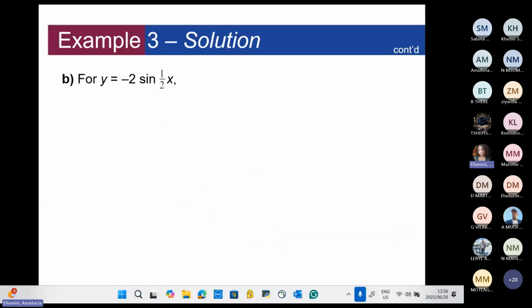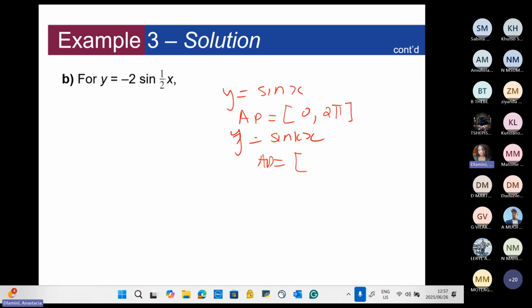We have an appropriate interval for which you start your one complete period. It's from 0 to 2 pi. Then you can extend to the left, to the right. Then if you have y equals sine of kx, your appropriate interval where you start your function will be between 0 and 2 pi over k.